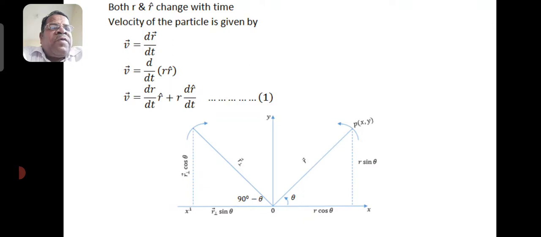The components of r along the x and y axes are r cos theta and r sin theta. Similarly, the components of r perpendicular are r perpendicular sin theta along the negative x axis and r perpendicular cos theta along the positive y axis, as shown in the figure.